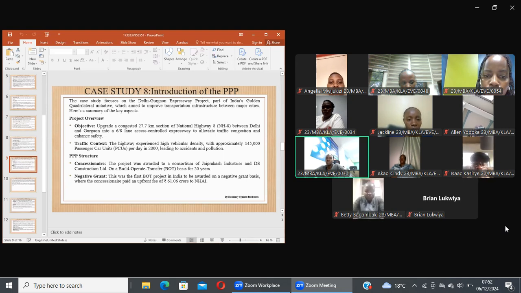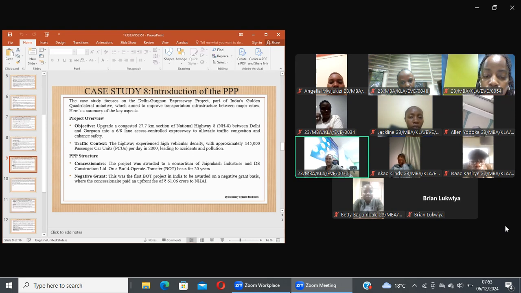The highway experienced high vehicular density, with approximately 145,000 passenger car units per day in 2000, leading to accidents and pollution. PPP structure: the project was awarded to a consortium of Jaiprakash Industries and DS Construction Limited on a build, operate, transfer basis for 20 years.